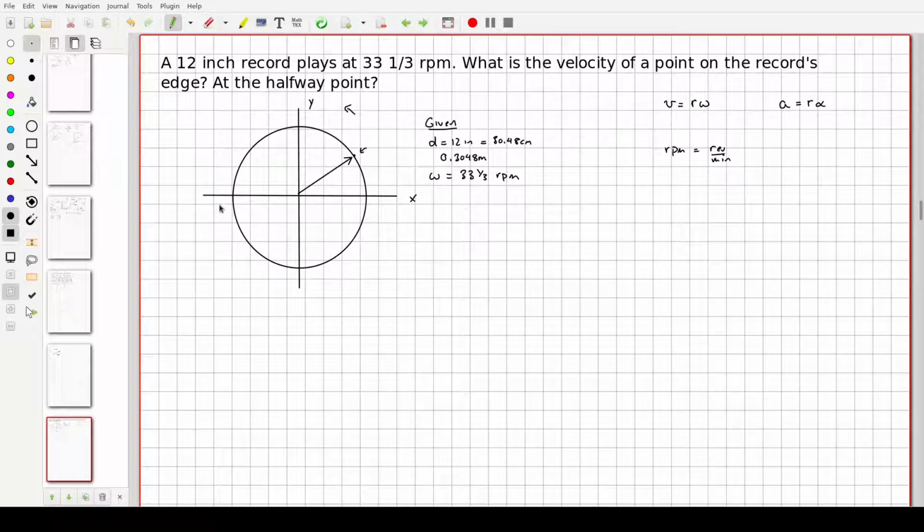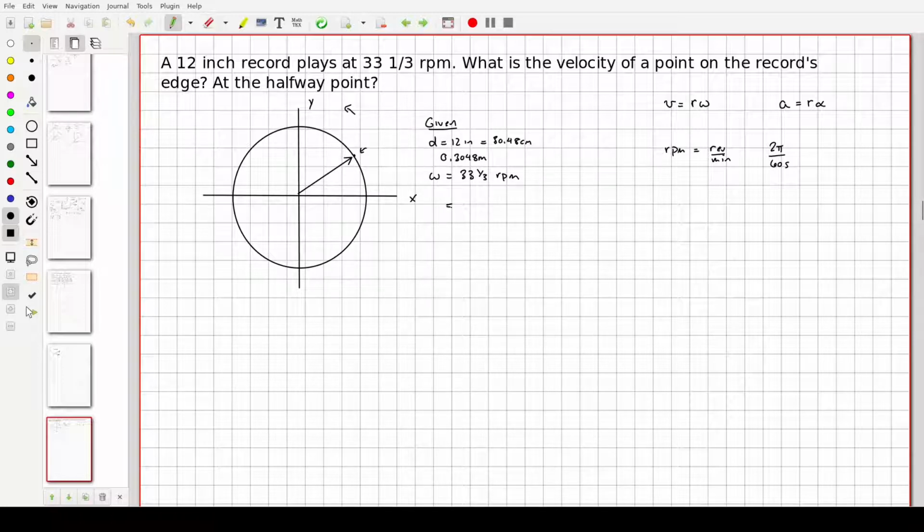One revolution from an angular standpoint is 2 pi radians, and we always work with radians when we're dealing with rotational motion. A minute, obviously, is 60 seconds. So taking 33 1/3 RPM and putting it into the MKS system means that we go from RPM to radians per second.